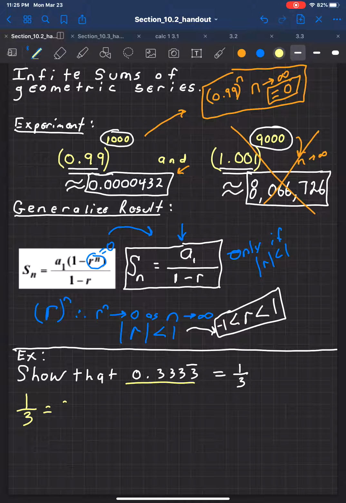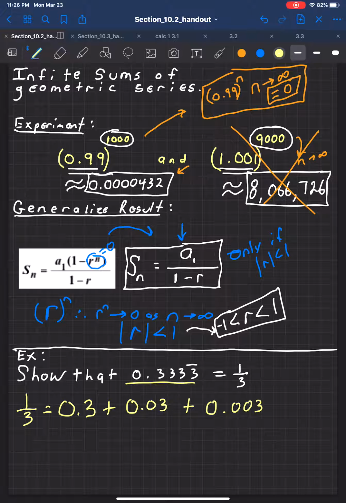Well, we can actually think about it as 0.3 plus 0.03 plus 0.003. Are you with me? That we can think about this as an infinite sum, an infinite amount of summation.